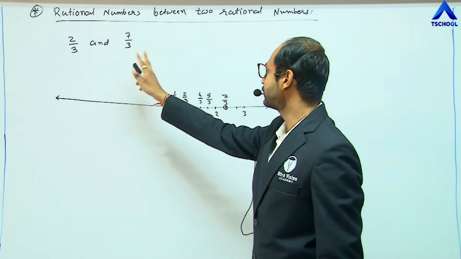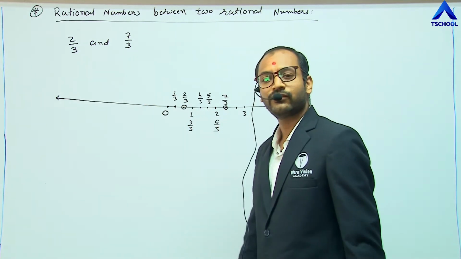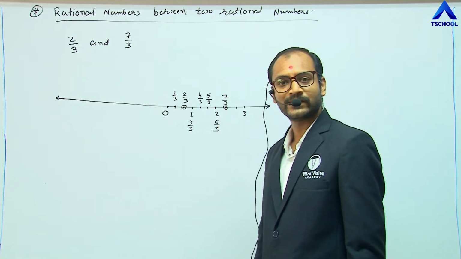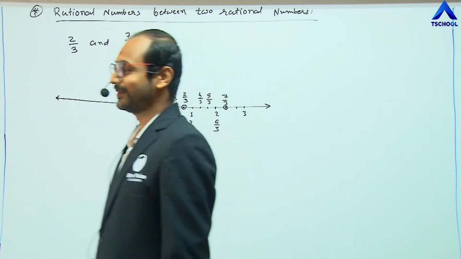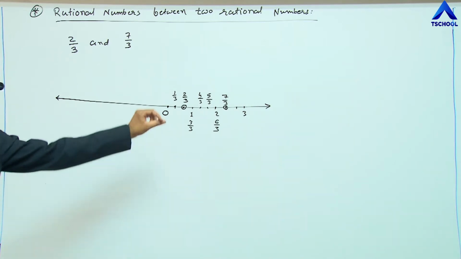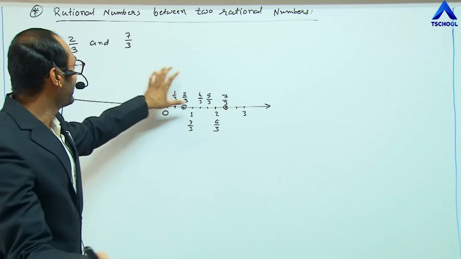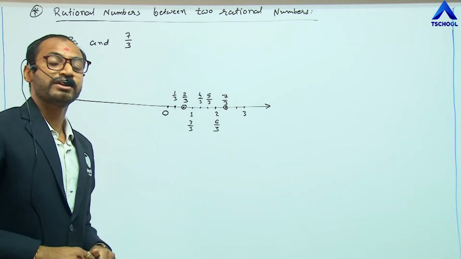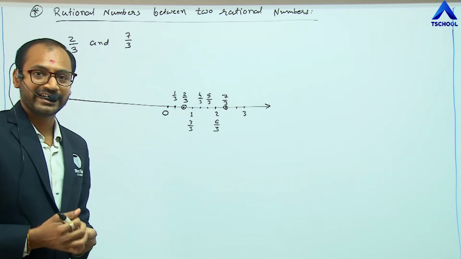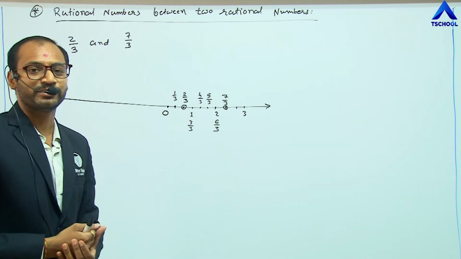Are there only 4 numbers in between these two? It is wrong. Not only these, there are also a number of other rational numbers in between these two numbers.